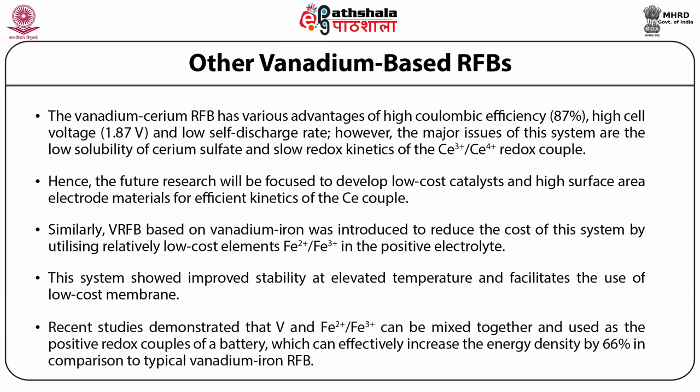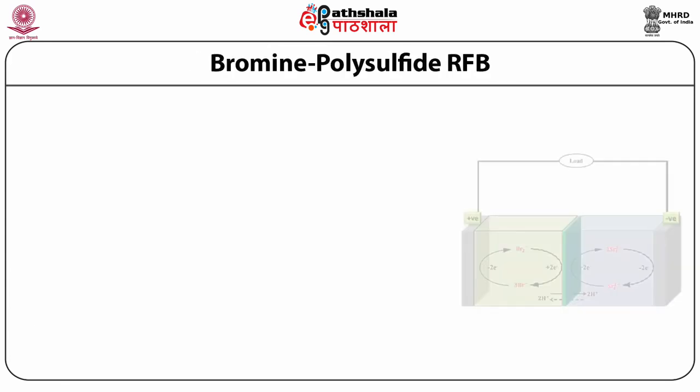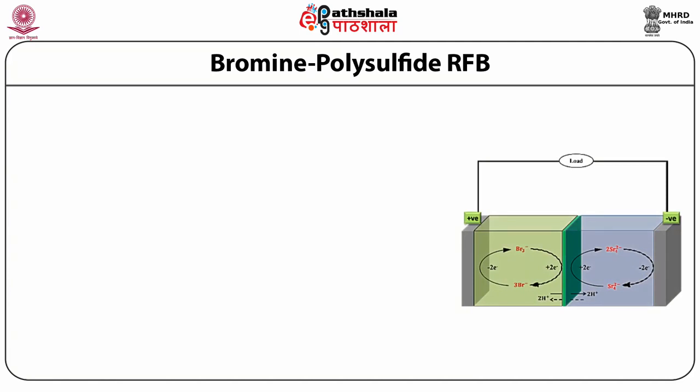Recent studies demonstrated that V or vanadium and Fe2+ or Fe3+ can be mixed together and used as the positive redox couples of a battery, which can effectively increase the energy density by 66% in comparison to typical vanadium iron RFB.